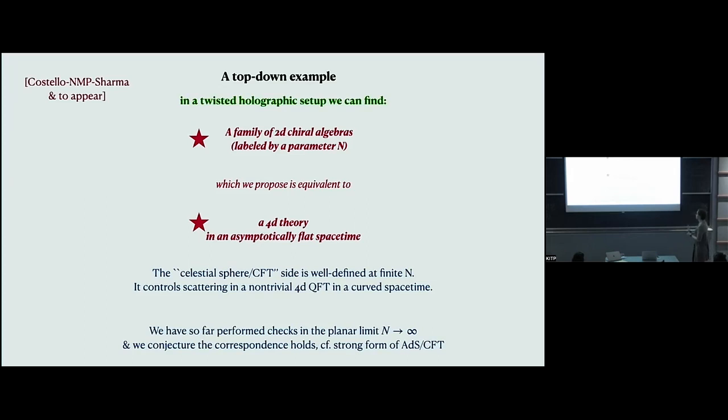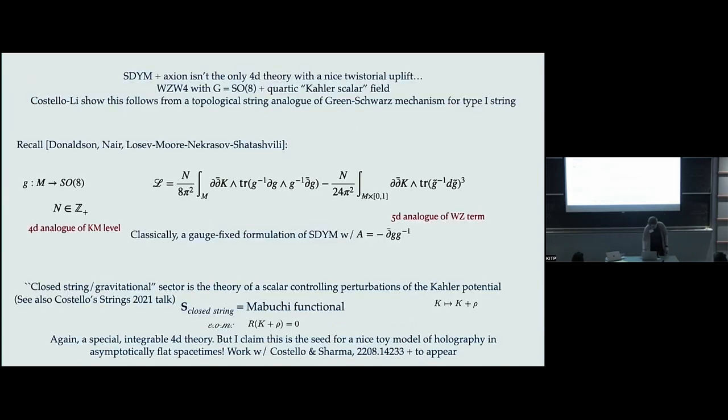And just to be clear about the checks, so far we've performed checks in the n goes to infinity limit, some various things at 2 and 3 points, and we conjecture that it holds beyond that, but the explicit checks are a work in progress, and hopefully we'll have more to say about that a bit later. Okay, so what are the theories from whence this duality comes?